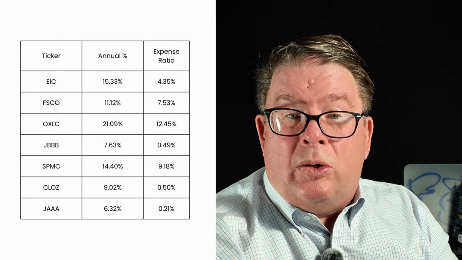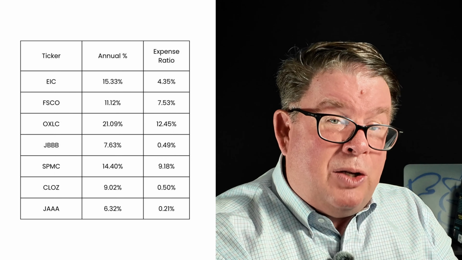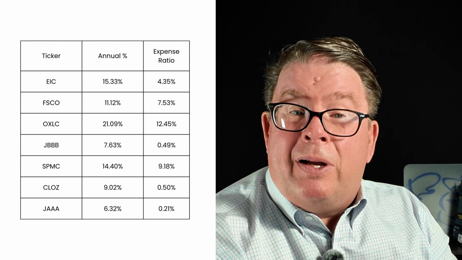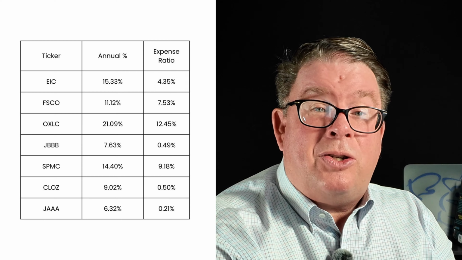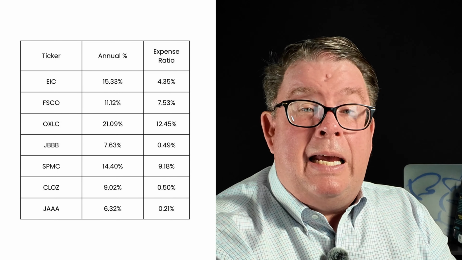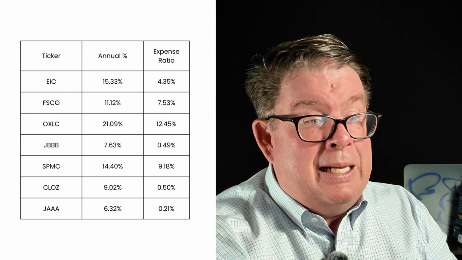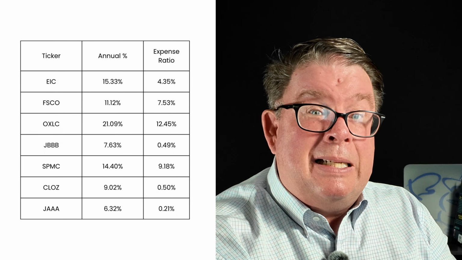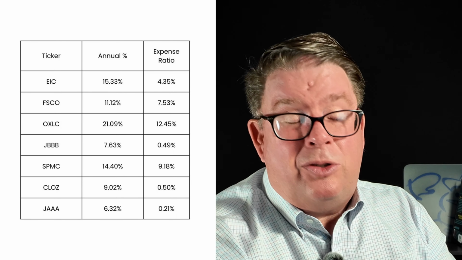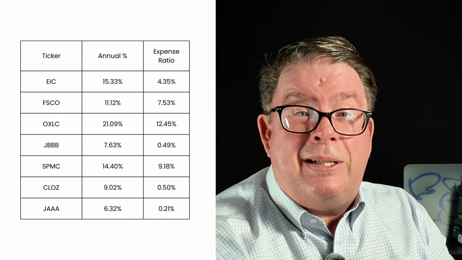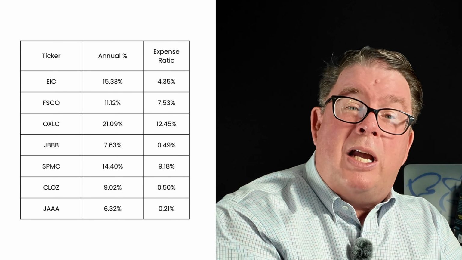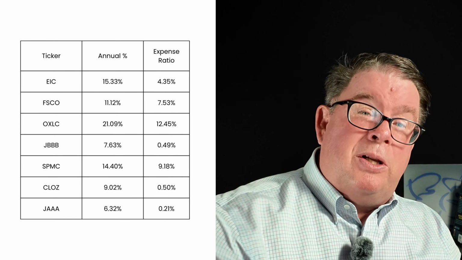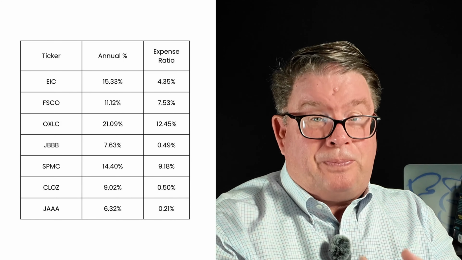I think that you should also have a cash fund. I have cash that I use for withdrawals. I have cash for future trades and if the market goes south. And that's where my money is in JAAA, just in case the market goes south. I can pull funds from JAAA and put them back into other funds.